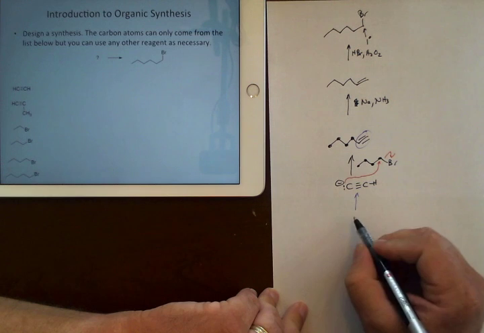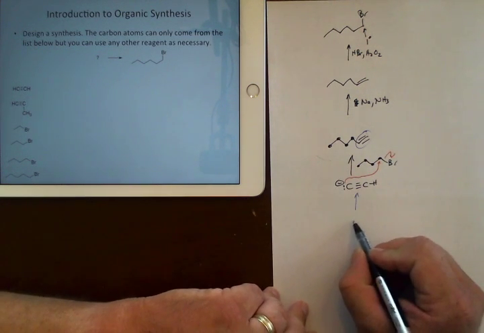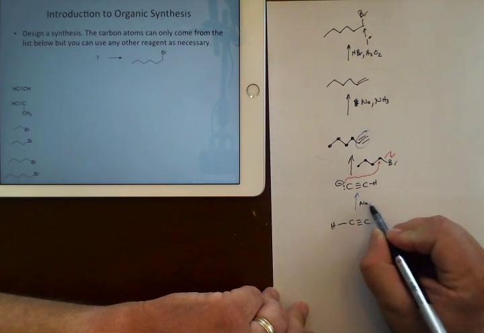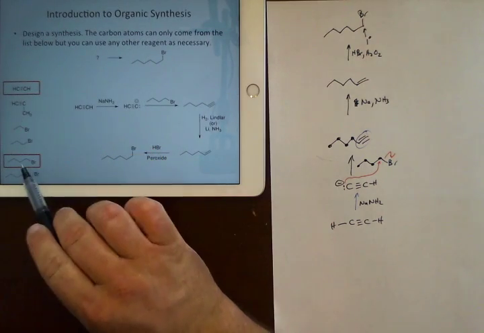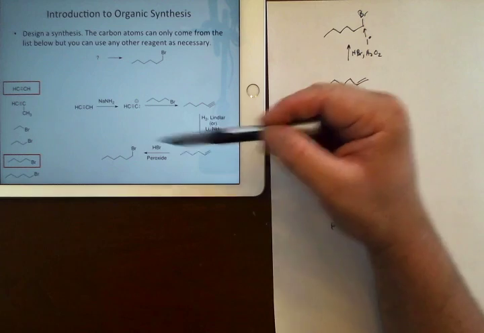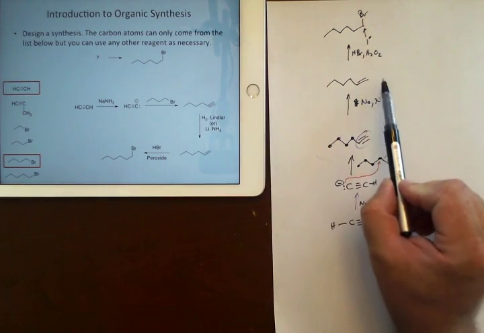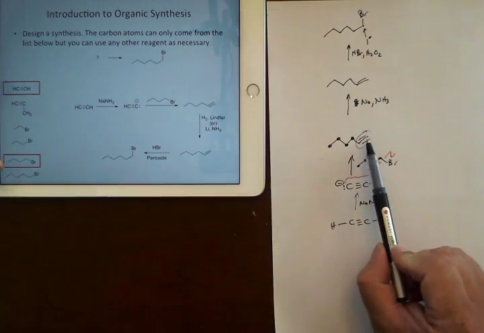That would give us this product here, but now we're going to start with that acetylene and the sodium amide. Notice how we figured out how to put on that functional group to get to this intermediate. Now how do we get to this intermediate from one of these compounds?